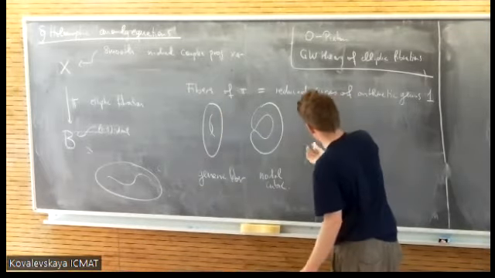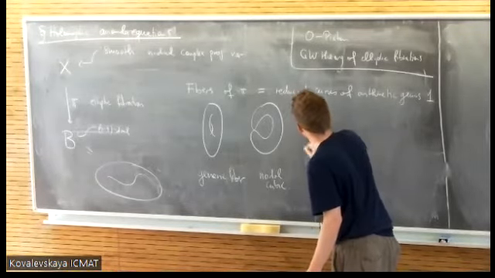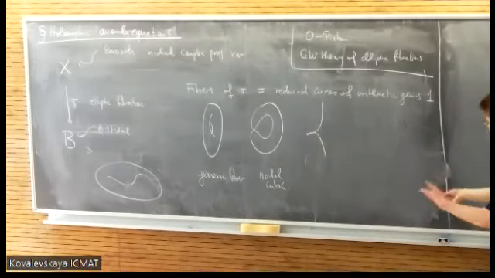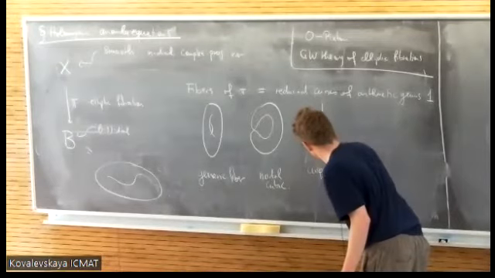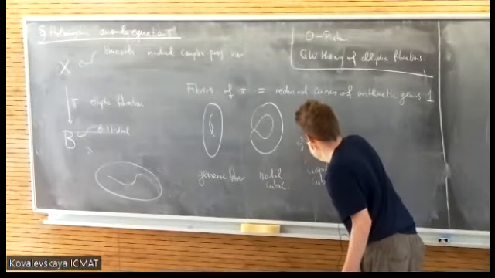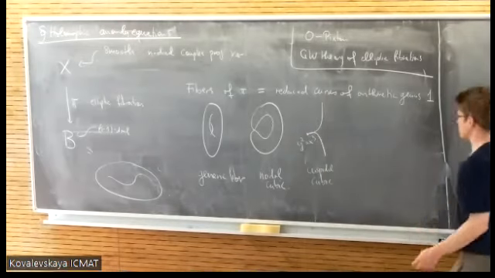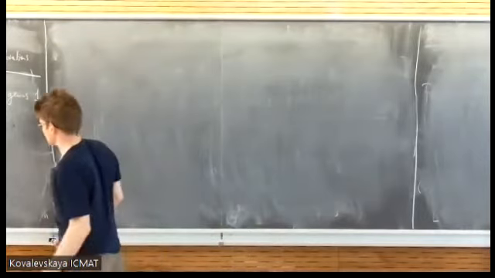You can also look at a cuspidal cubic. I don't know how to draw this, so let me draw the algebraic picture. So this is a cuspidal cubic. Locally, this looks like the equation y squared equals x cubed. But you can also have the I2, I3, I4 Kodaira fibers.